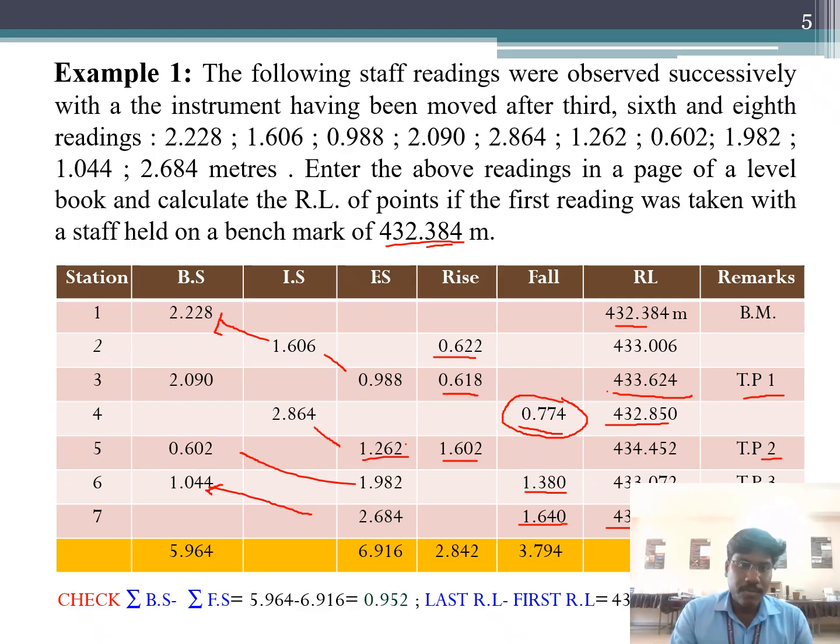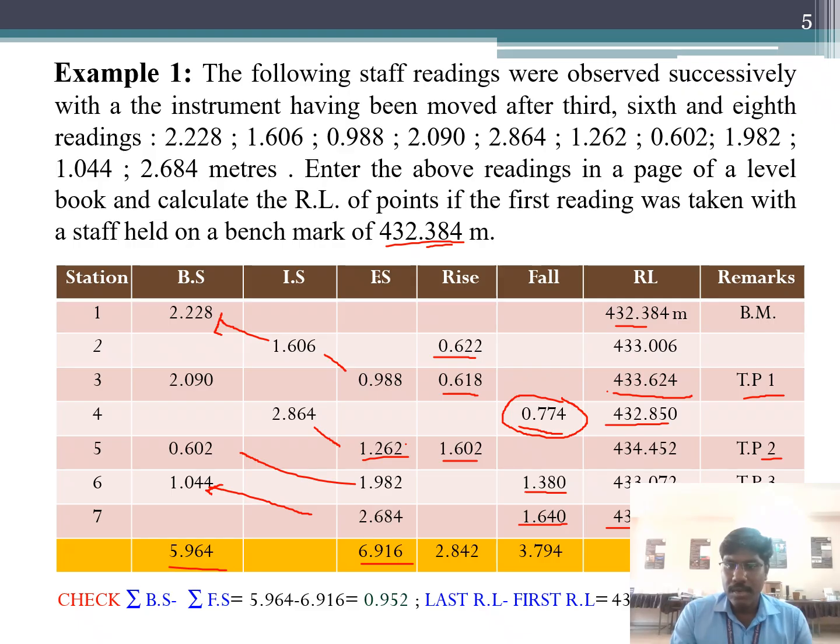So get the sum of the backside. When we add these values, the total is 5.964, that is the summation of backside, and we leave the intermediate side and focus on foresight. So the summation of foresight is 6.916, and similarly the summation of rise is 2.842, and the summation of fall is 3.794. The first RL is 432.384 and the last RL is 431.432.